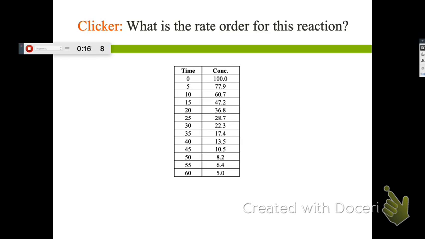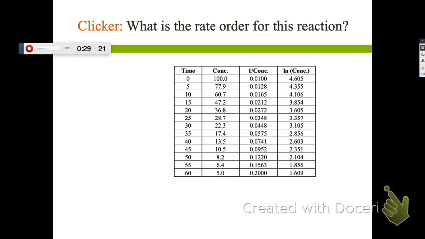All right, this is something I don't think you guys have. What is the rate order? Is it 0 order? No. Okay. If we take a look at all the rest of this, is it first or second? You guys want to see the data plotted?